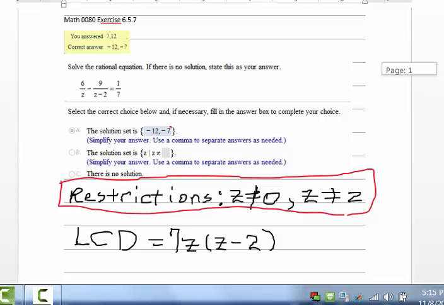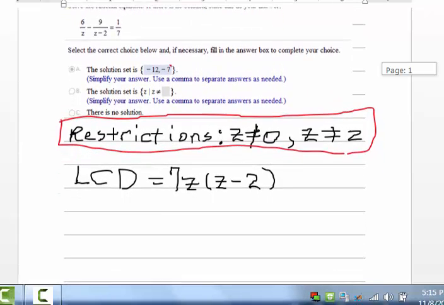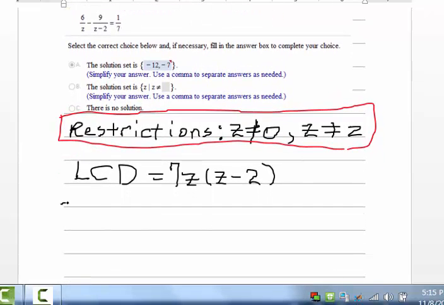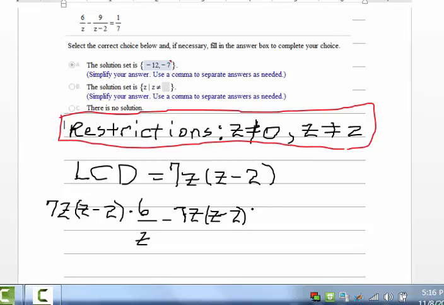So we are going to take that LCD and multiply it by each term of the equation. So 7z times z minus 2 gets multiplied by 6 over z. 7z times z minus 2 gets multiplied by 9 over z minus 2.